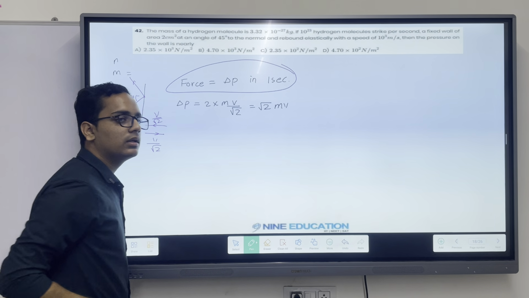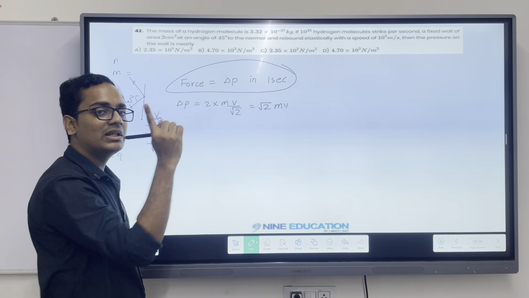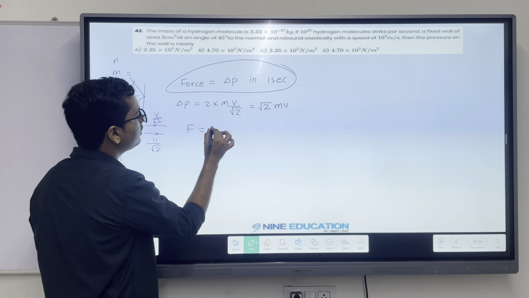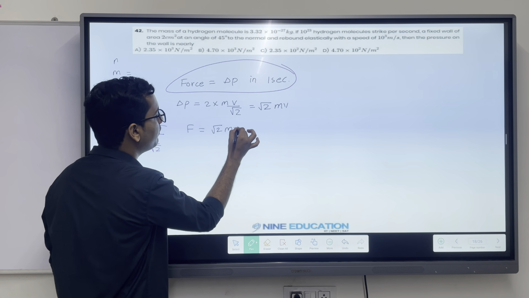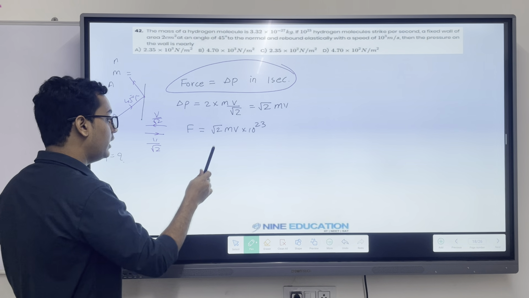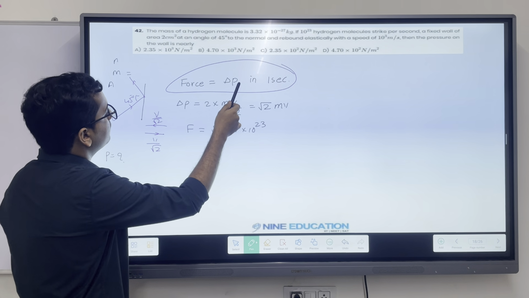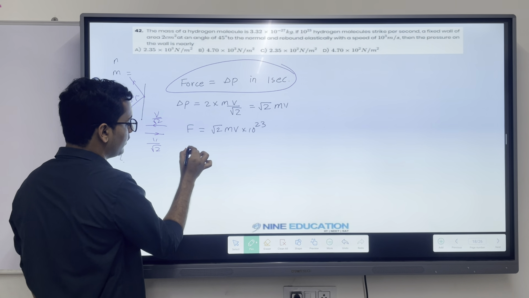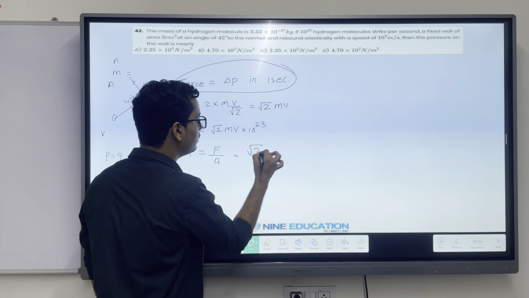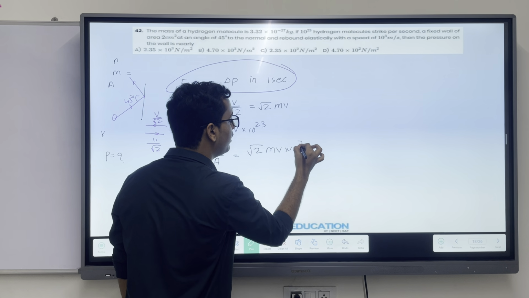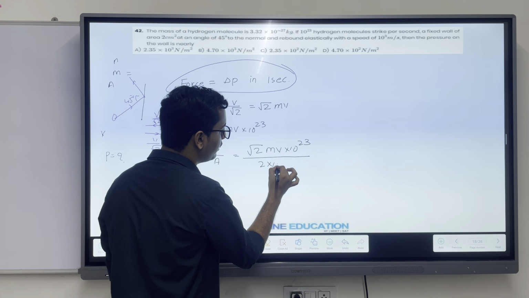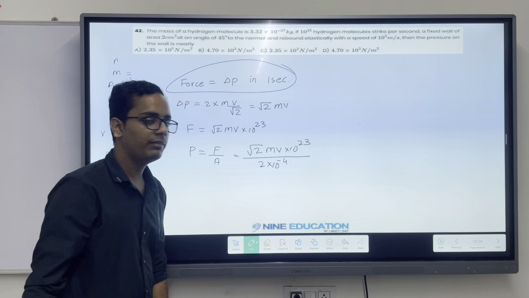What about the change in momentum in 1 second? So in 1 second, 10 power 23 hydrogen molecules are colliding. So it is root 2 mv into 10 power 23. So that is the force. How about pressure? Pressure is nothing but force divided by area. So this is nothing but root 2 mv into 10 power 23 divided by area, which is 2 centimeter square, which means 2 into 10 power minus 4 meter square.